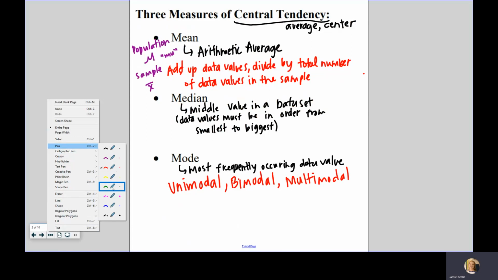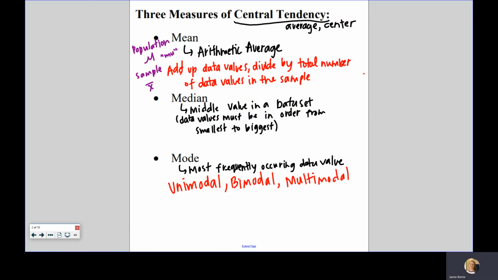All right, so that's X bar. I think that's a little better. All right, the median does not have a symbol, and the mode does not have a symbol, so you don't have to worry about knowing the symbols for those.